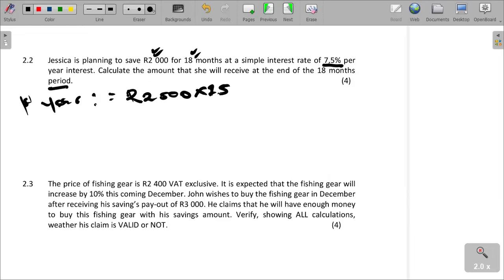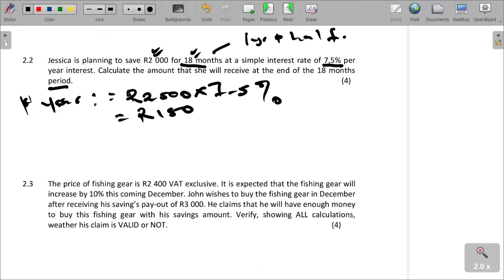That will give us 150. And then, she's saving for 18 months. 18 months is one year and a half. So for a year, she can save 150.